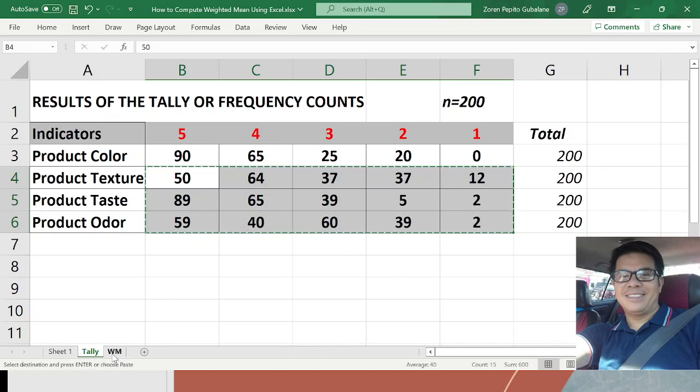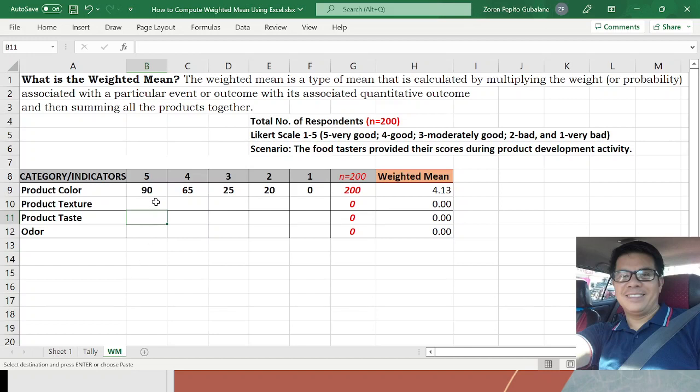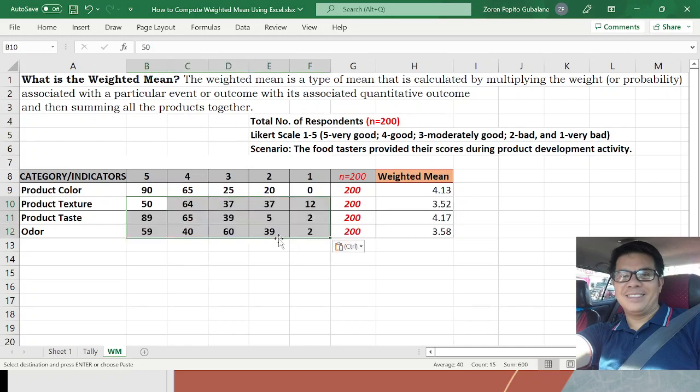Let's copy and paste the following and bring them to the calculator area, in this area where we are going to calculate. We are consistent with the total, right?